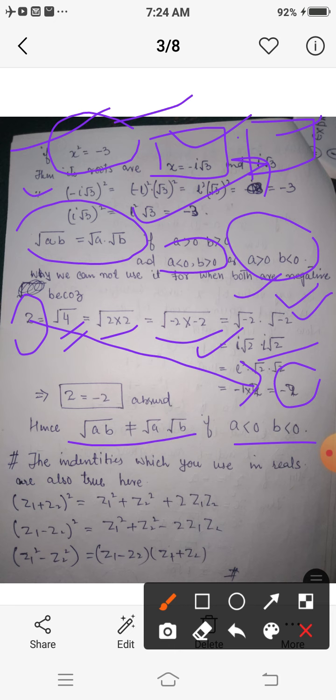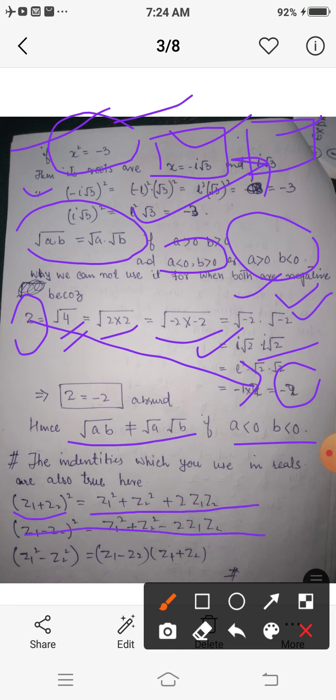Now you know that in the real numbers we have identities like a plus b whole square equals a square plus b square plus twice a b. Here in the complex numbers we can also use this identity: if we have two complex numbers z1 and z2, then z1 plus z2 whole square equals z1 square plus z2 square plus twice z1 z2.